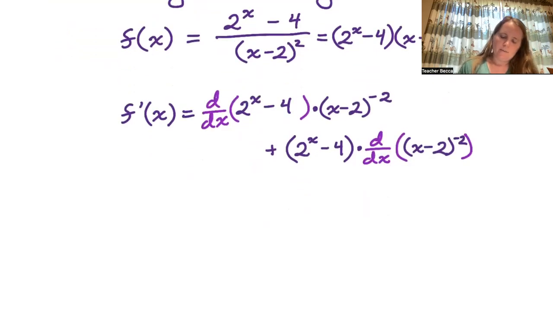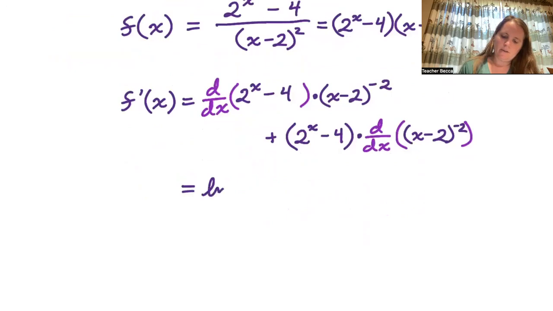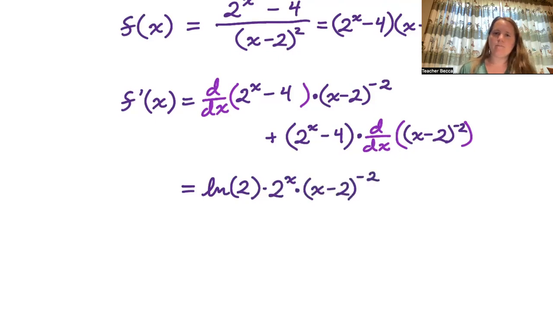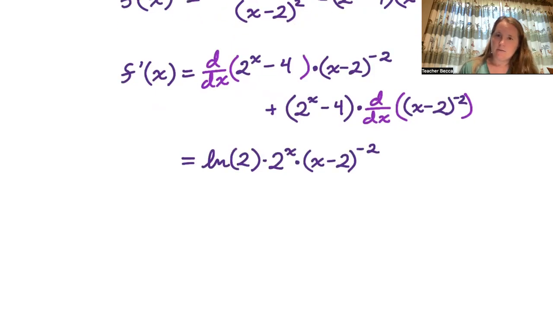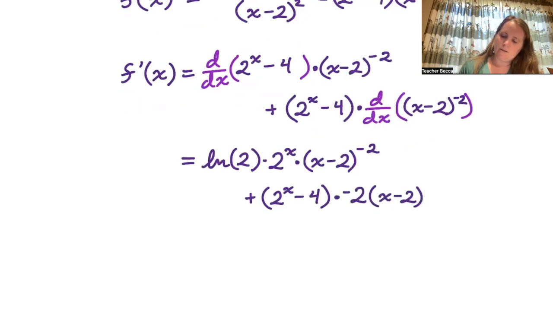So this becomes natural log of 2 times 2^x times (x - 2)^(-2), plus (2^x - 4) times negative 2 times (x - 2)^(-3). And technically, by the chain rule, we would have a times 1.